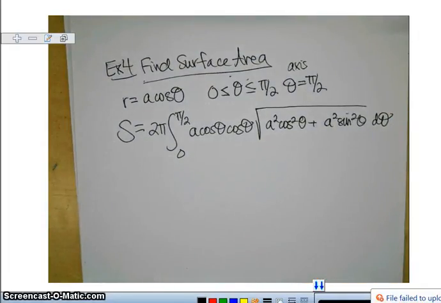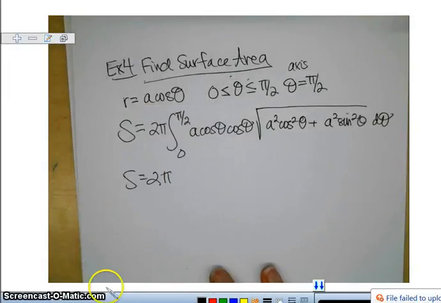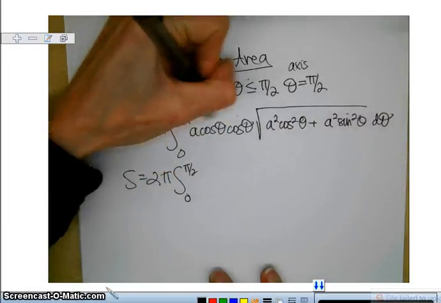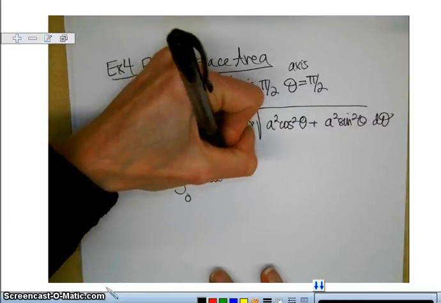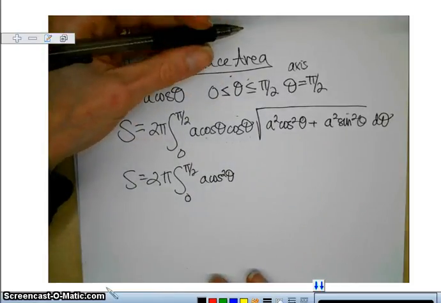Okay, so this one, let's see what I can do by hand here. What's going to be out front here? A cosine squared theta. See, you have a problem trying to punch this one in your calculator. What's that problem?